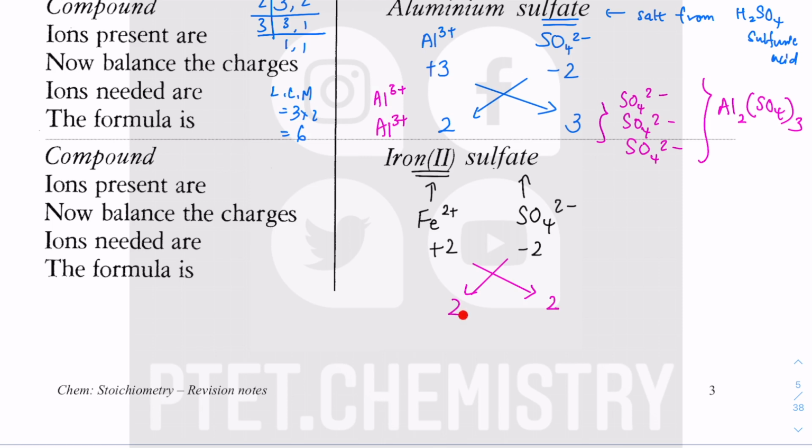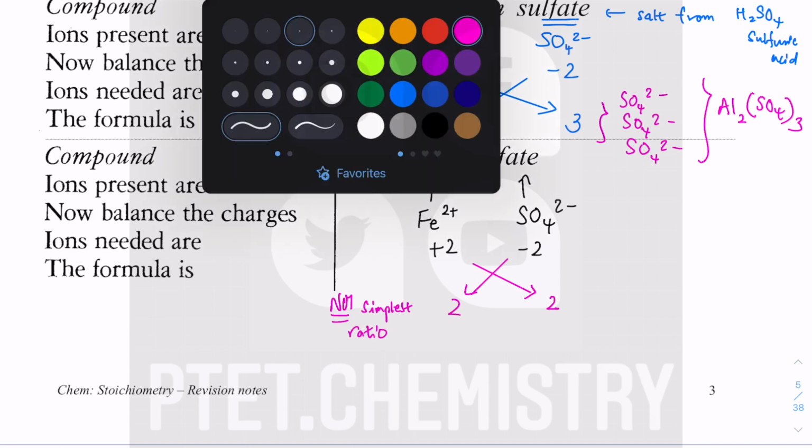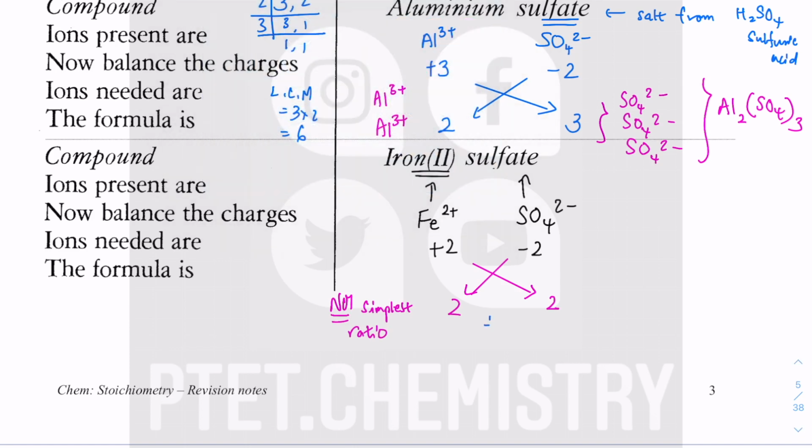It's not right to say you need 2 of these and 2 of these, because these are not the simplest ratio. And because they are not the simplest ratio, you need to divide it further. So you can divide by 2 both sides. If you divide by 2 both sides, 2 over 2 is 1, 2 over 2 is 1.